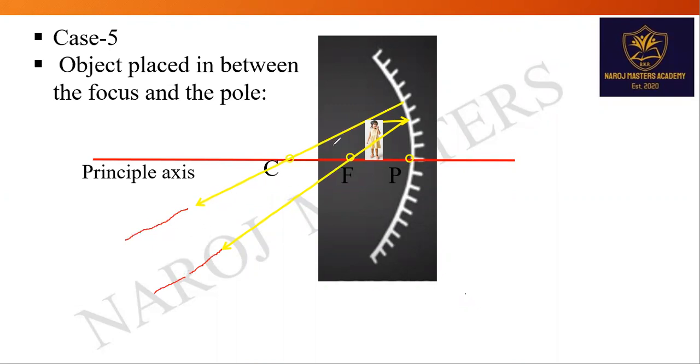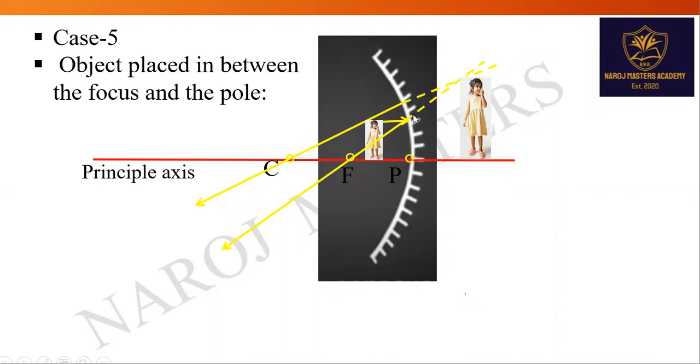So just extend these two light rays behind the mirror. The point at which the light rays intersect, at that point we will get our image. Look here. This image is not formed by the actual intersection of light rays. This image is formed by extending the light rays.